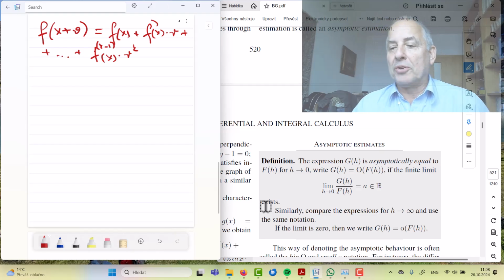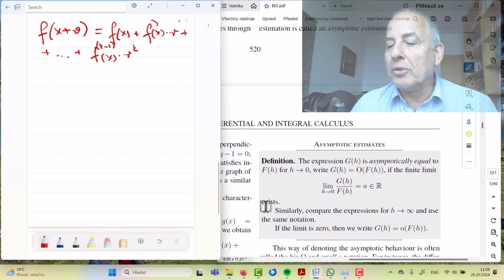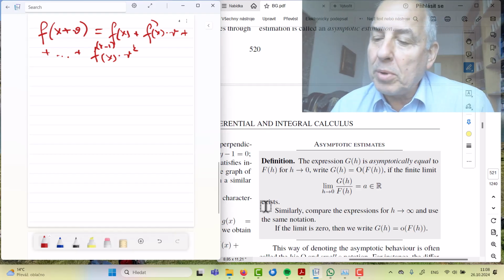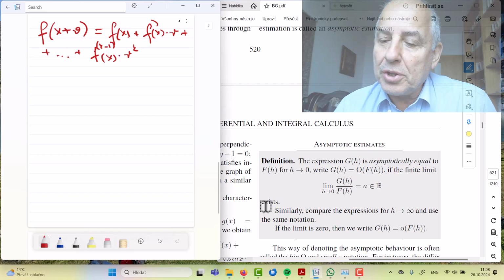There is no other k-form on a one-dimensional space, plus there is the remainder.